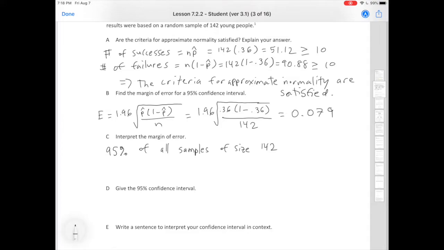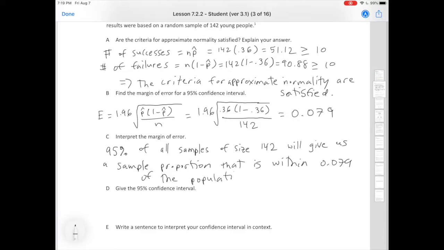of size 142 will give us a sample proportion that is within 0.079 of the population proportion.